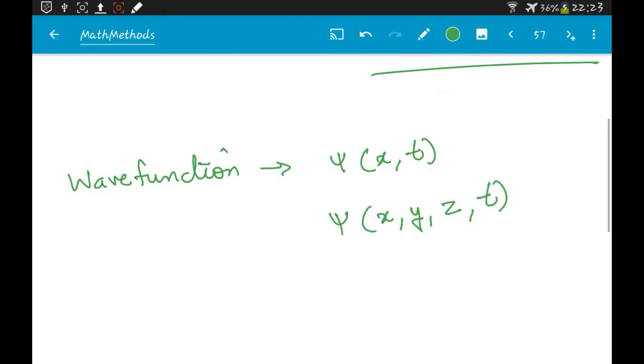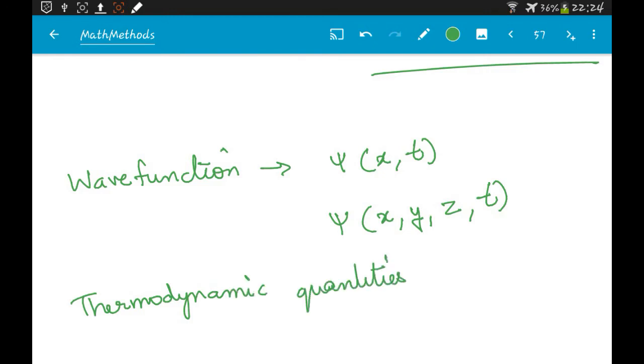Then there is another quantity that we have already studied in our second year, which is thermodynamic quantities. So this we have already looked at. For example, enthalpy, which can be a function of temperature and pressure.